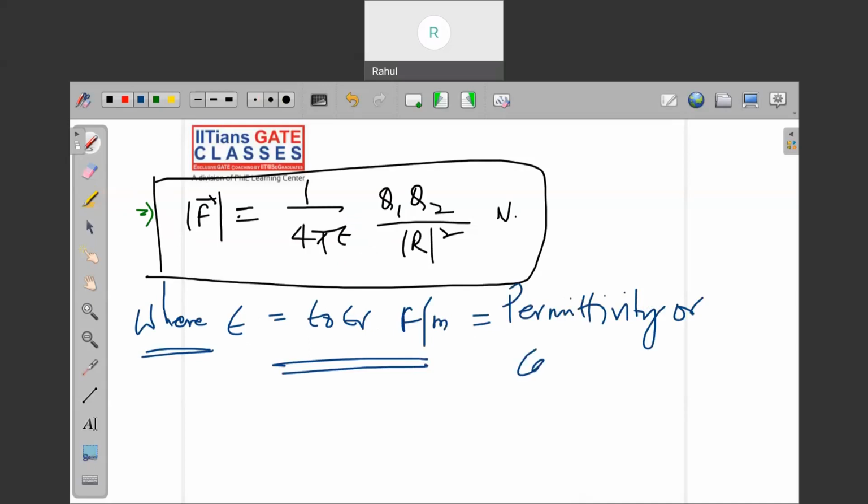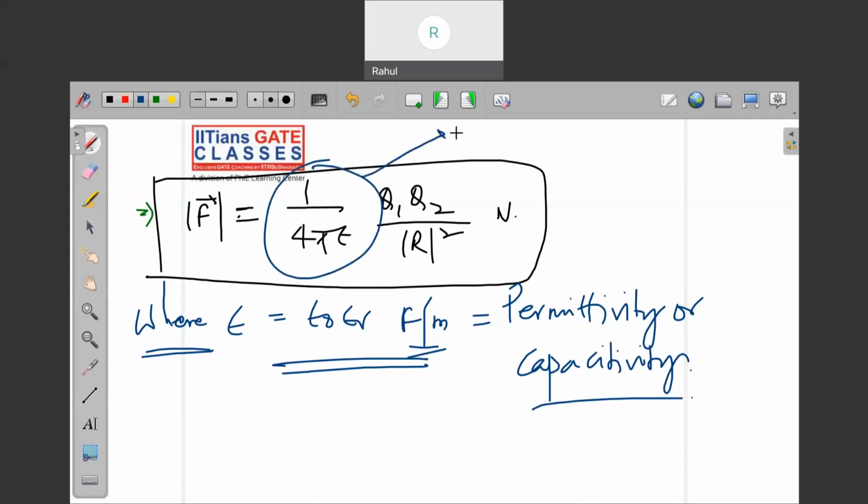The unit of epsilon is farad per meter. Somebody may ask what this specifies. You can say this is K as well, where K is 1 upon 4 pi epsilon.